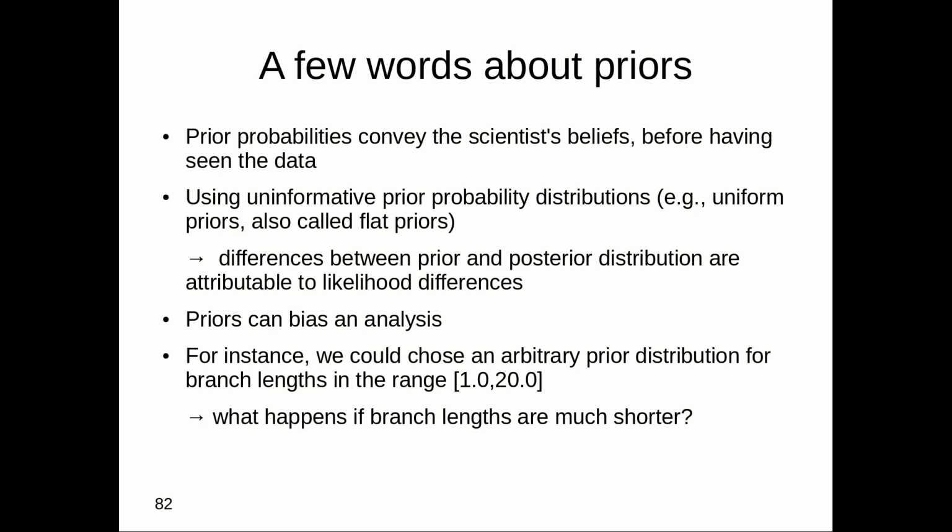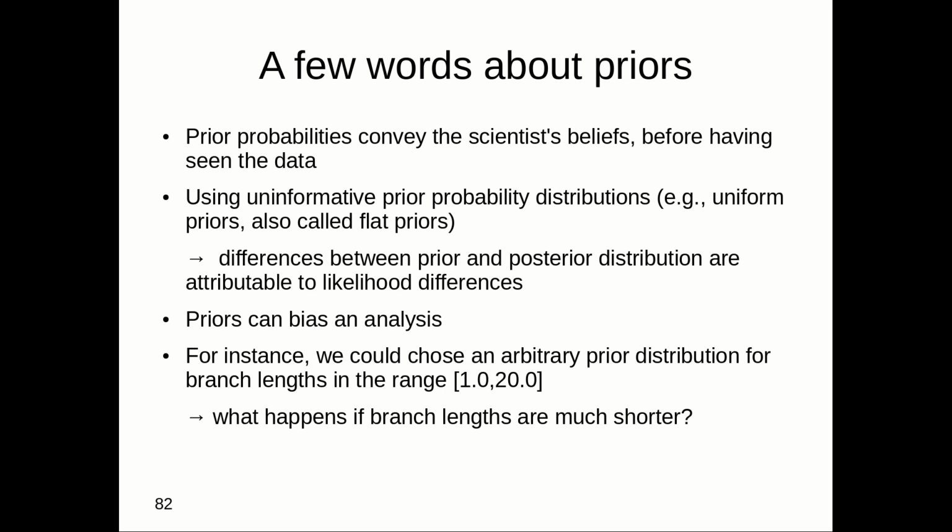Those uniform priors are also often called flat priors, right? Because there's just a flat curve. And so the differences that we then observe between the prior and the posterior distribution are attributable to the likelihood differences, which is the other ingredient of our posterior probability ratio calculations.